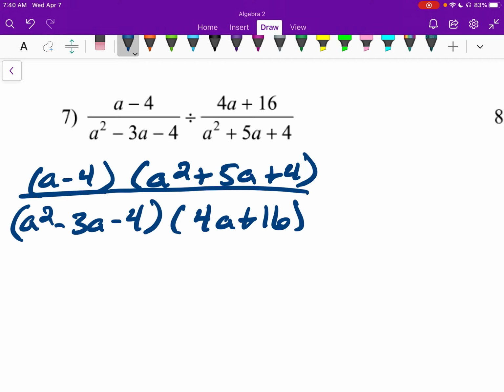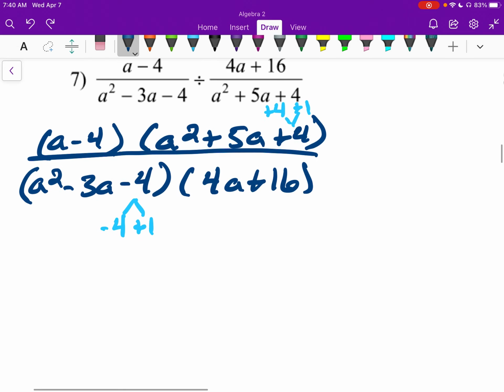All right. Factoring things. I have two trinomials here. -4 splits up into, how do I get a -3 out of that? How about -4 and +1? Yeah. The other one will be a +4 and a +1. And notice that the 4a plus 16, this bottom piece, we can factor a 4 out of.